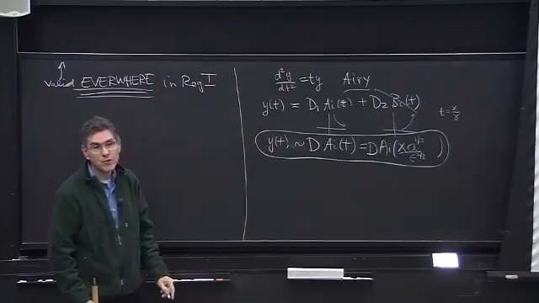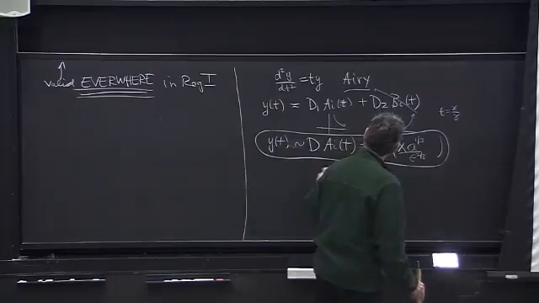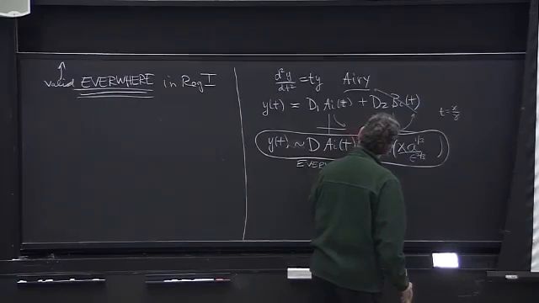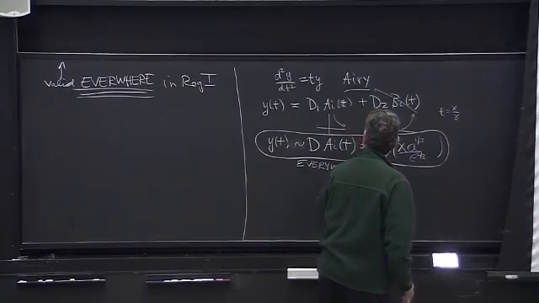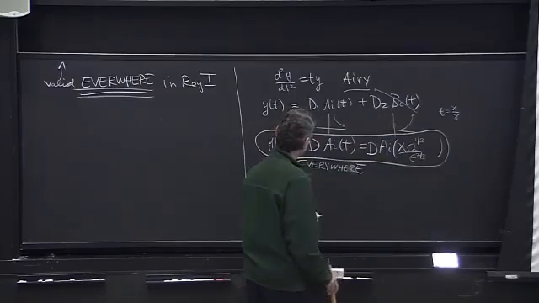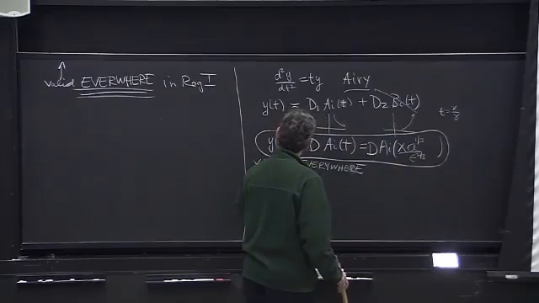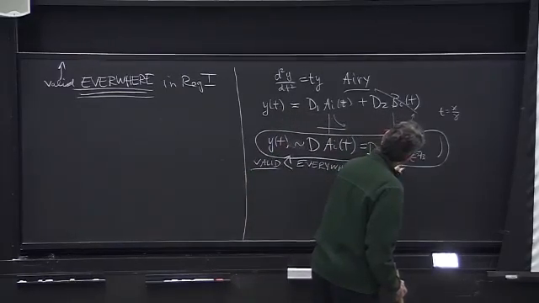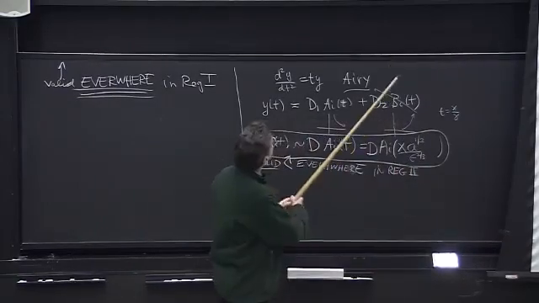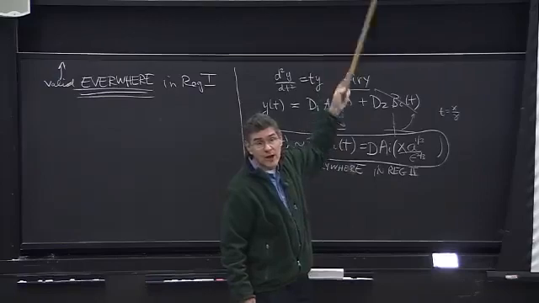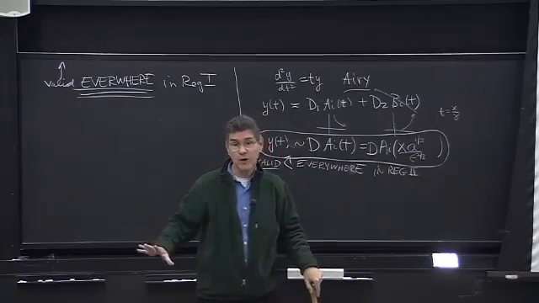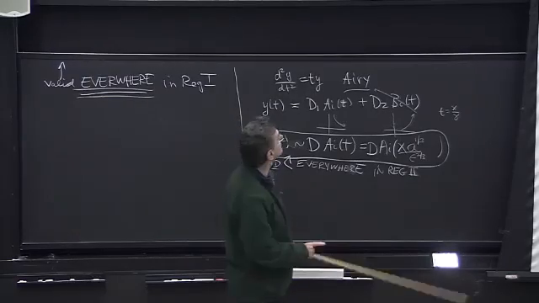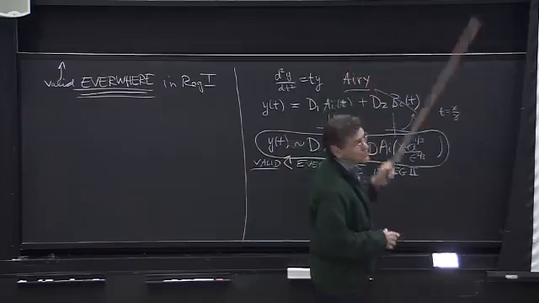This is valid everywhere in region 2. For example, it's valid at the origin, where x is equal to 0. It's valid everywhere. But I'm going to make a further asymptotic approximation in the overlap region.